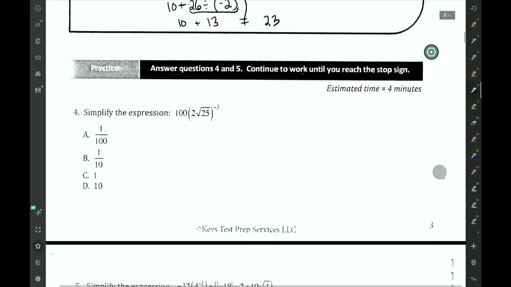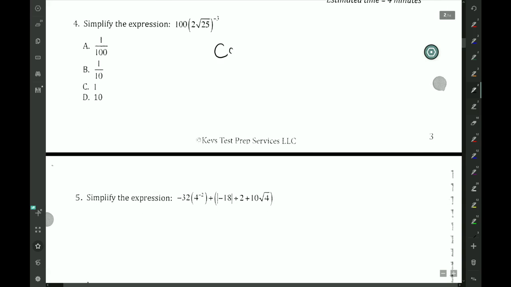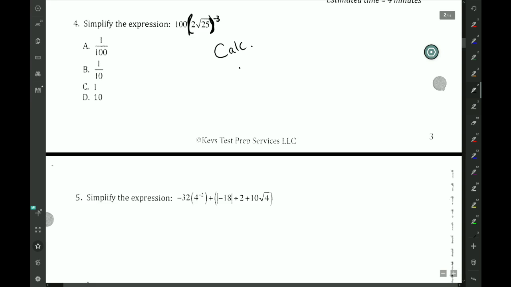Moving on, so just use your calculator, I would, okay? Simplify the expression, again, calc. All right, make sure you put parentheses in there. Make sure you put the negatives. If you do that one here, you can even do it with me. 2 root 25 to the negative third, okay? 0.1.